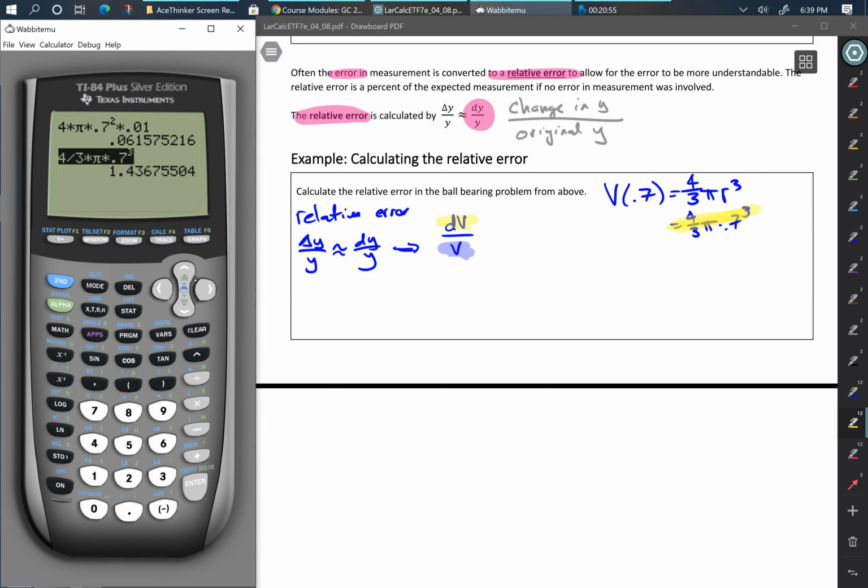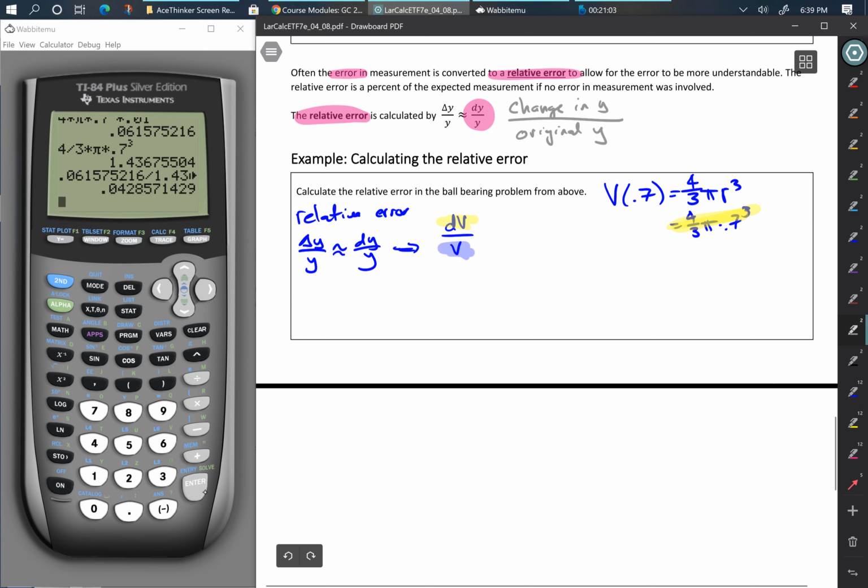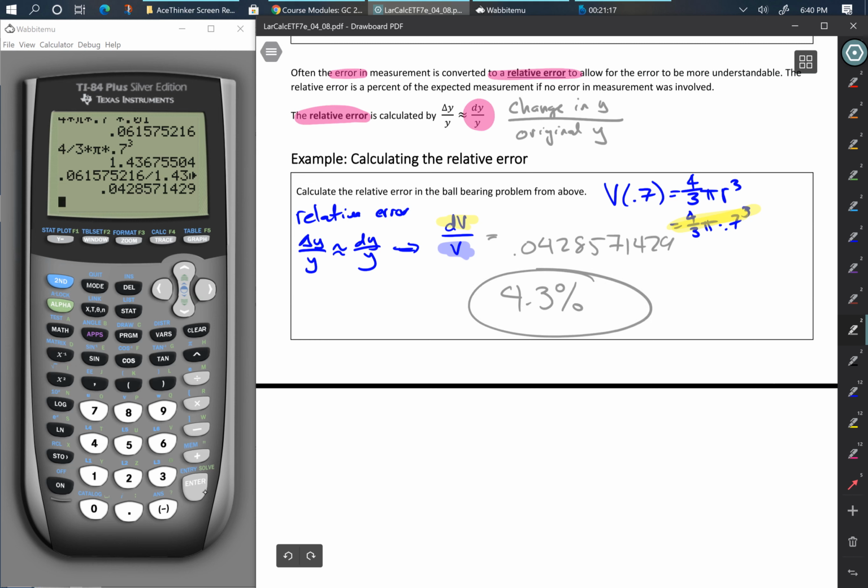That's going to be divided by, and I get that our relative error is 0.04285711429, or approximately 4.3%.